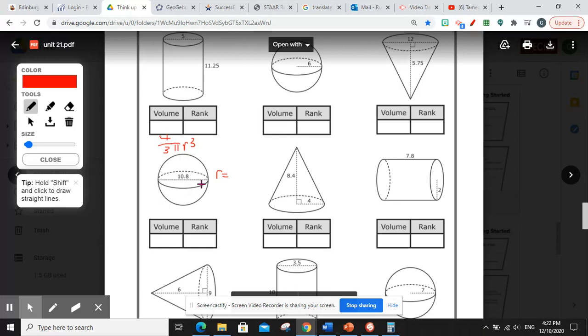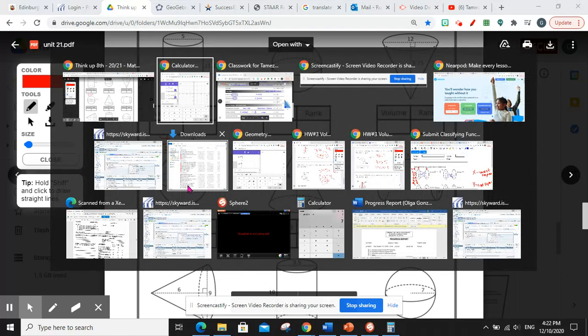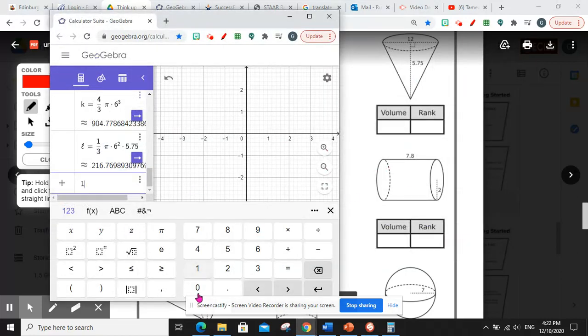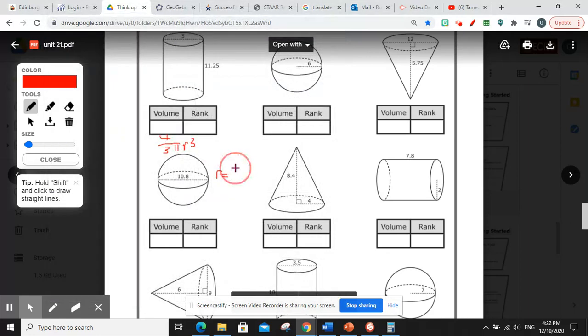So I just need to figure out the radius. But remember that this is my diameter because it goes from one end to the other. So I need to cut that in half. Well, if I don't know what half of 10.8 is, I just go to my calculator. 10.8 divided by 2 gives me 5.4. So my radius is 5.4.